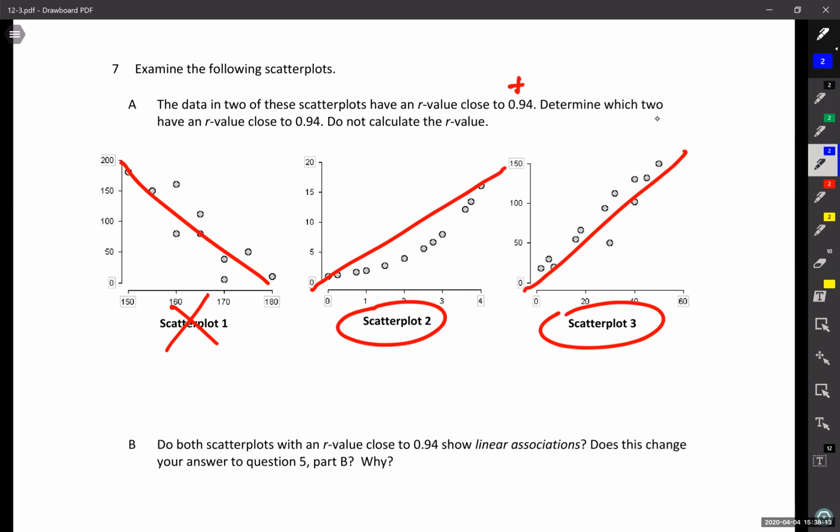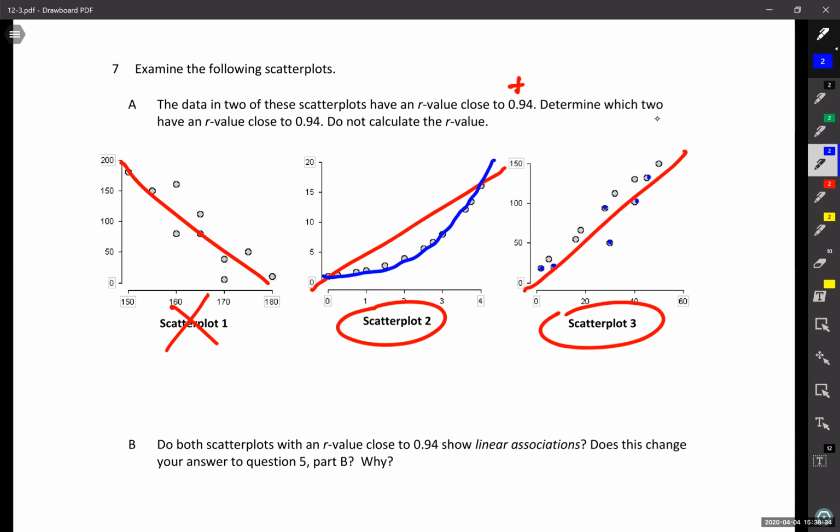So this is not a linear association. Scatter plot 3, I have dots on both sides. In fact, if I drew the line a little better, I could probably get dots on the other side too. It has dots bouncing back and forth. It definitely goes up in that straight line pattern compared to scatter plot 2.